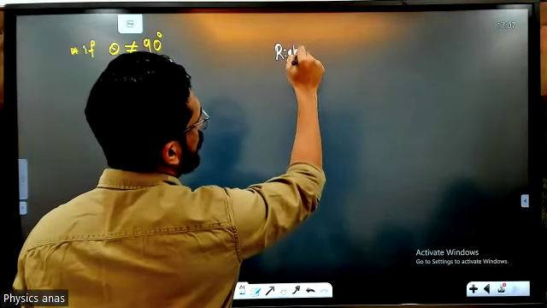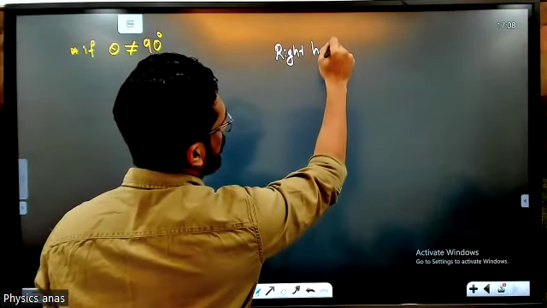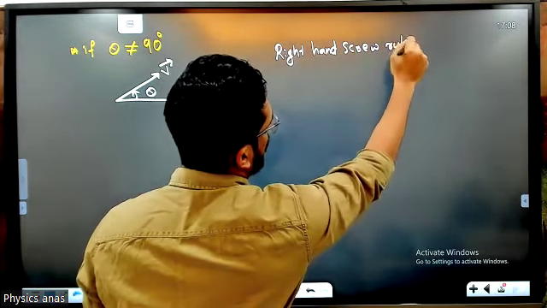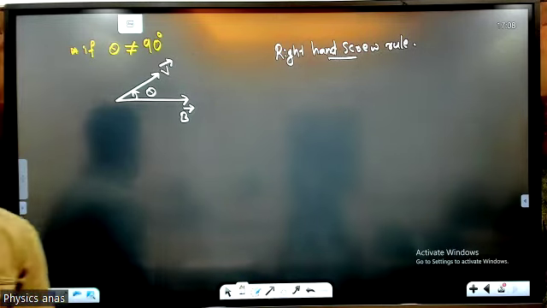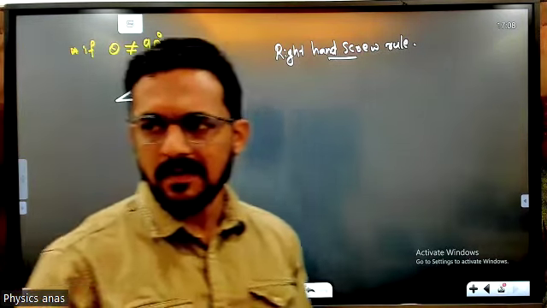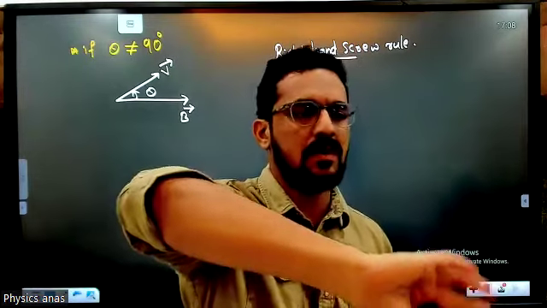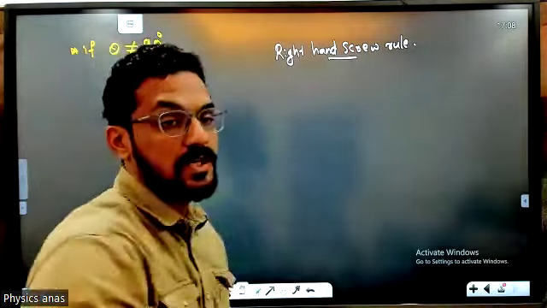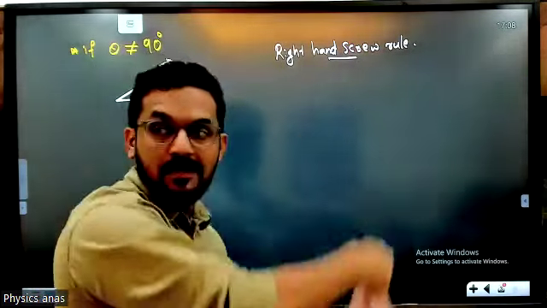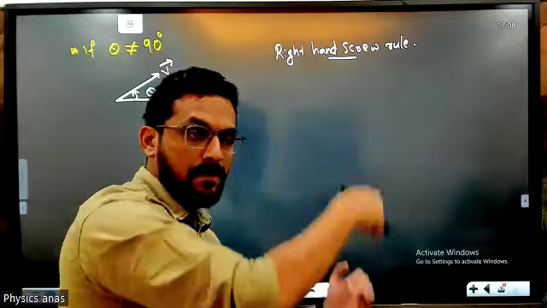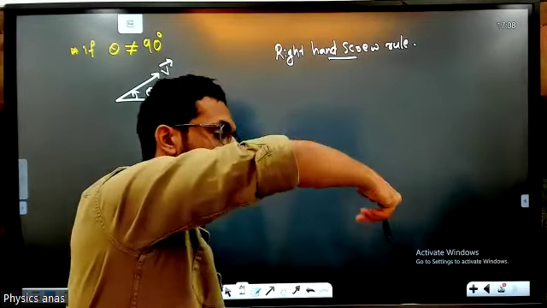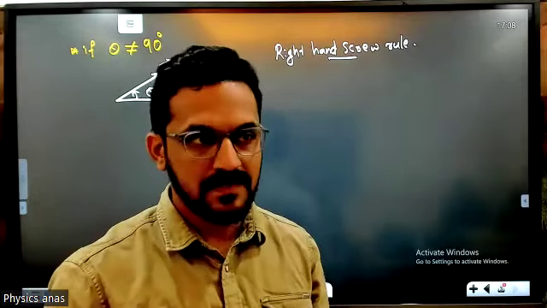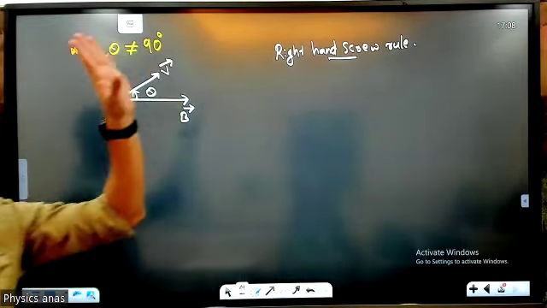There is a screw called a right hand screw. If you are turning it in a clockwise direction, it will go into the plane. If you are turning it in an anti-clockwise direction, it will come out of the plane. That is the right hand screw.